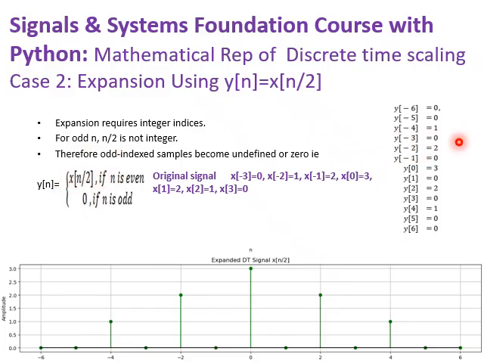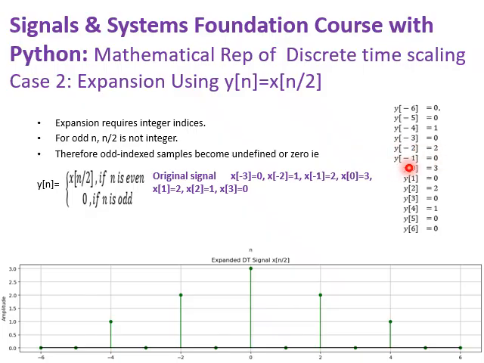Then y of minus 2: I replace n by minus 2, so minus 2 divided by 2 gives x of minus 1. As x of minus 1 has value of 2, y of minus 2 will have value of 2.